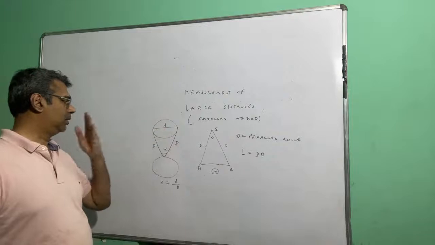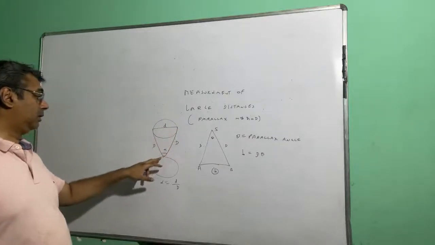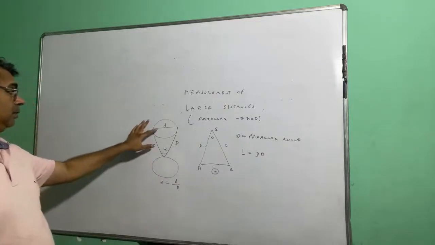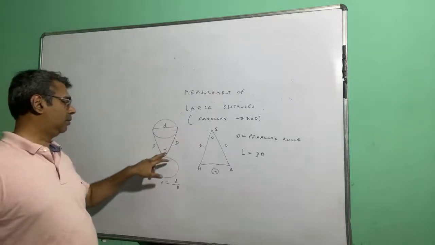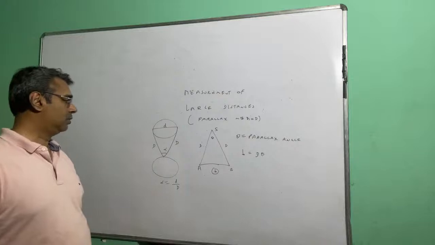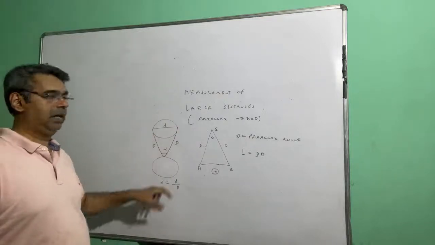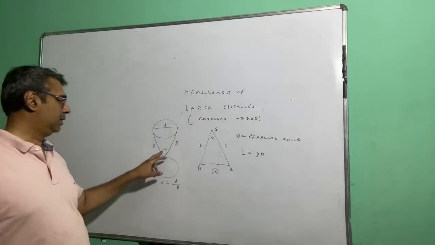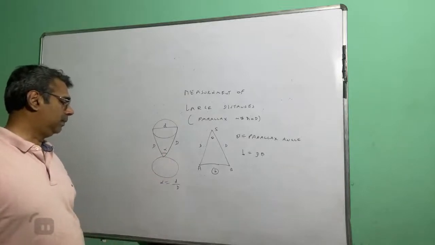Let's say the angle subtended by the diameter of the planet on the Earth is alpha, and the distance from the planet to the Earth is capital D. Once we have found capital D, we can find the diameter of the planet again by using trigonometry. The angle alpha is equal to small d by capital D.